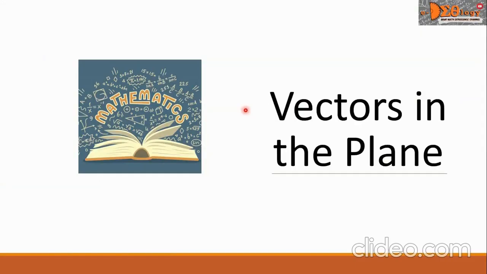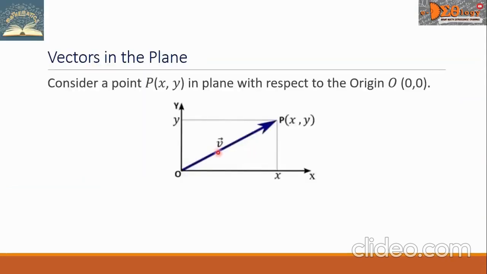Today, we're going to study vectors in the plane. Consider a point P with coordinates x, y in plane with respect to the origin O with coordinates 0, 0. The origin is here and the point P is here.